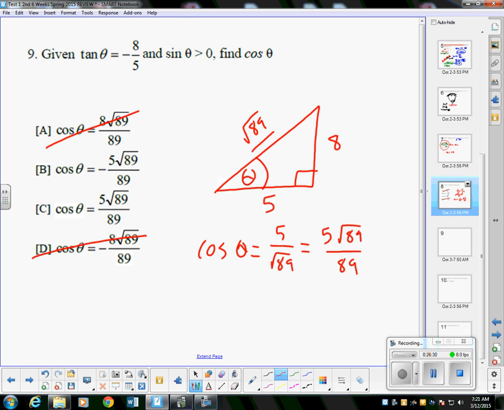The big difference is, is my answer negative or is my answer positive? So this is where this sine greater than 0 thing comes in.